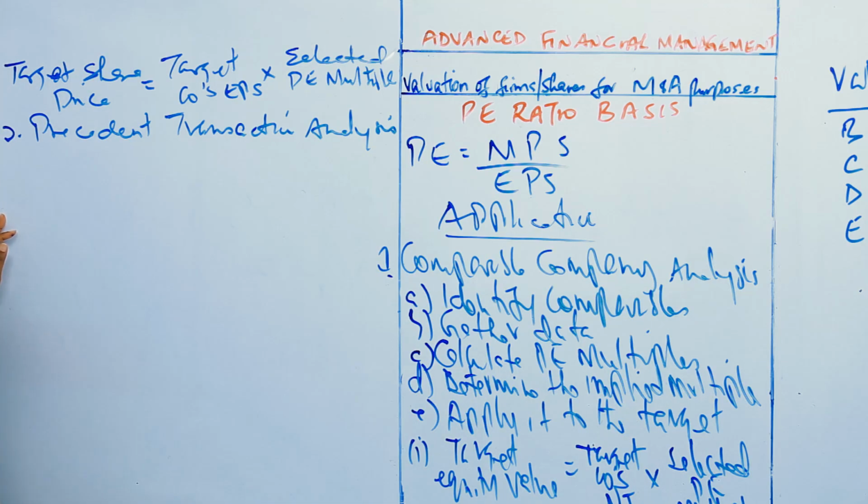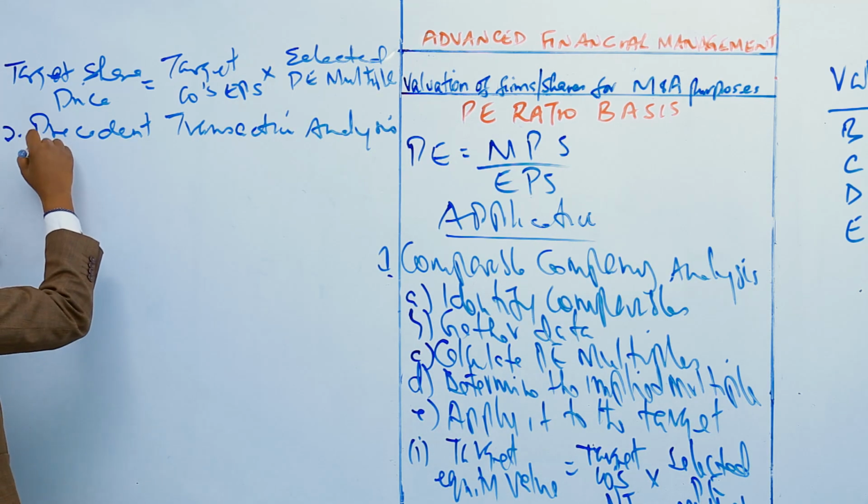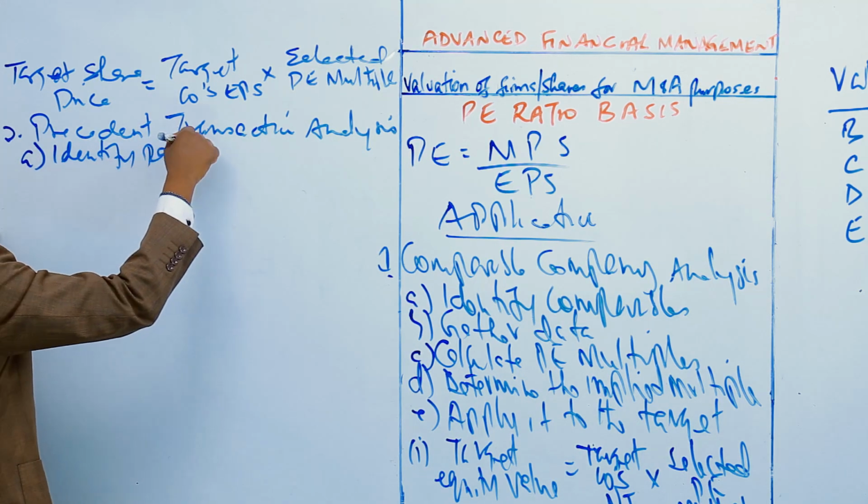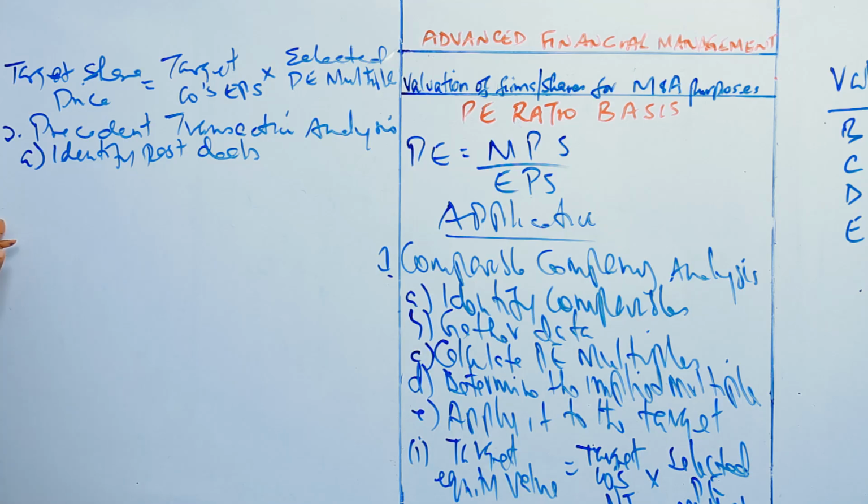The precedent transaction analysis. The procedure is first of all to identify past deals. Step number one, identify past deals. Here you have to research recent M&A transactions involving companies similar to the target.